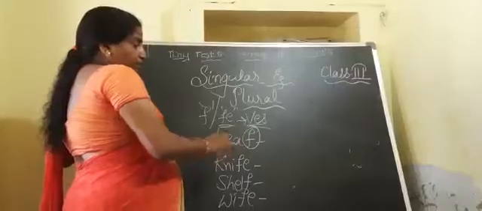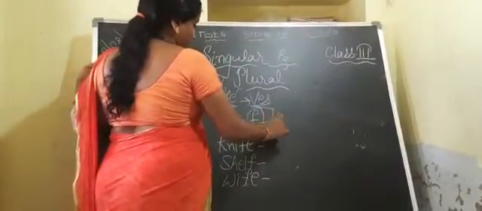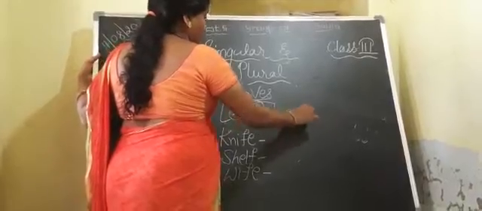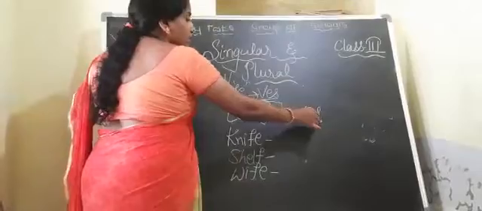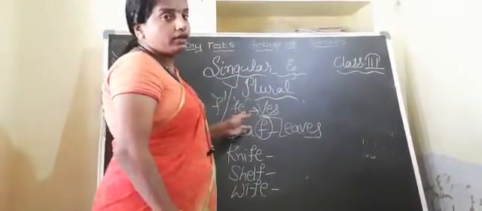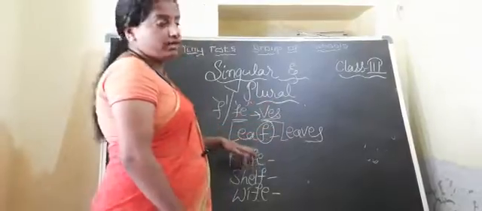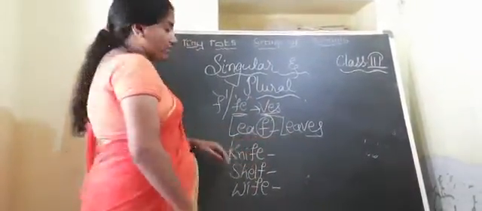To write the plural for leaf, what do we have to add? Ves. Replace means you should not write f. Instead of f, we write ves to write the plural for leaf.